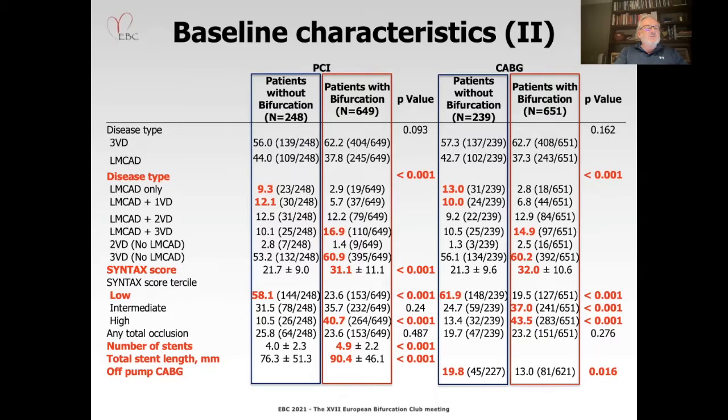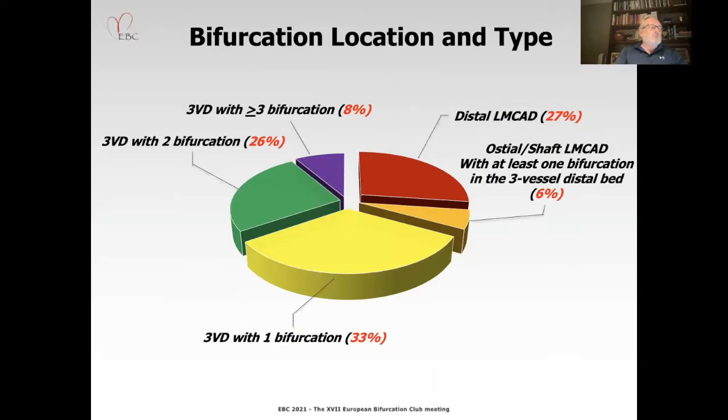The number of stents and the total stent length is higher with bifurcation, whereas in surgery, off-pump was more frequent in patients without bifurcation. Where are these bifurcations located?